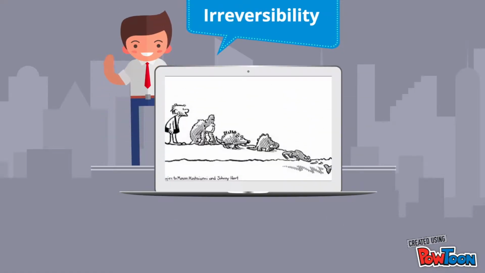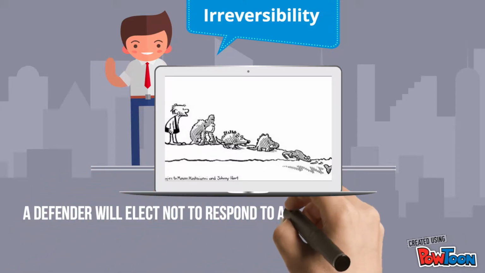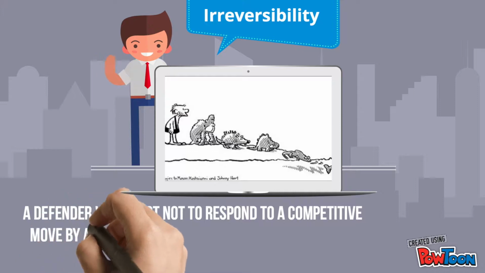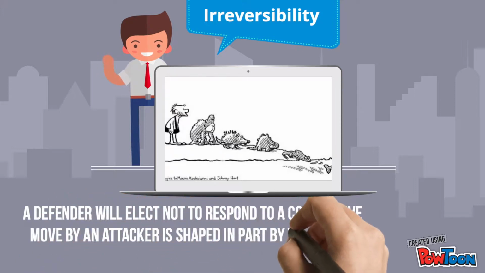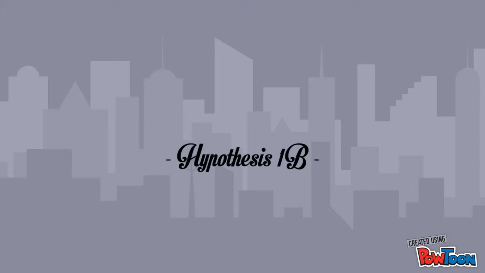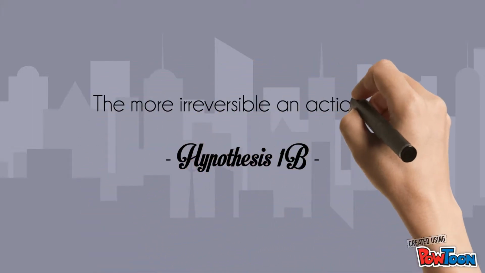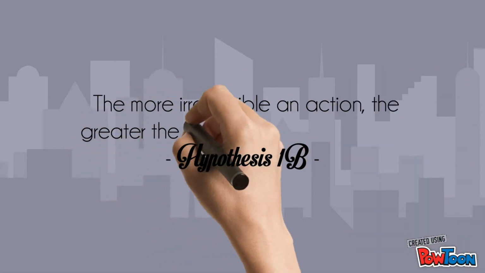Irreversibility of a move can signal commitment, and therefore, the likelihood that a defender will elect not to respond to a competitive move by an attacker is shaped in part by the move's irreversibility. Therefore, Hypothesis 1b will be, the more irreversible an action, the greater the likelihood of non-response.